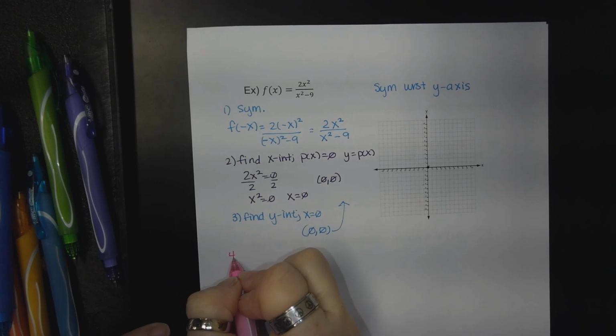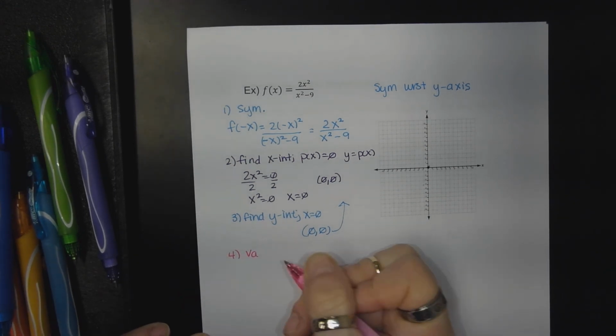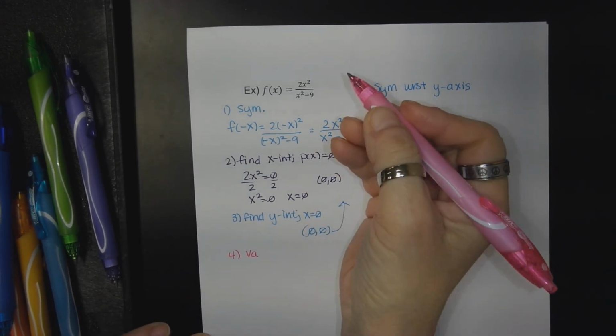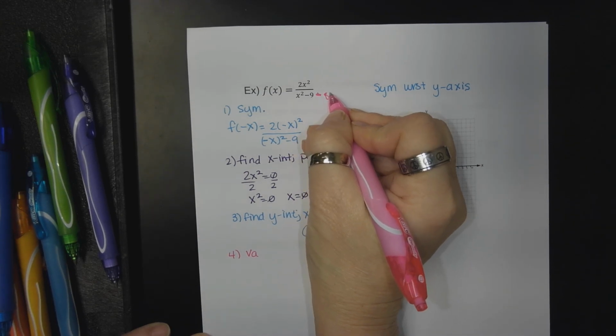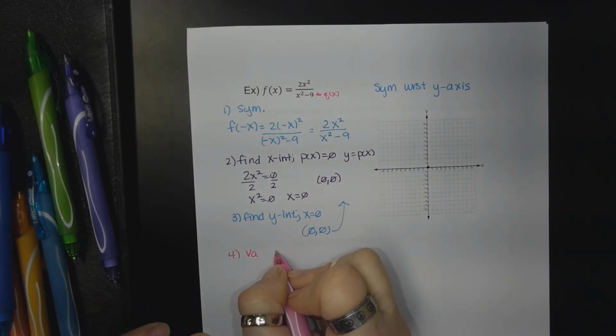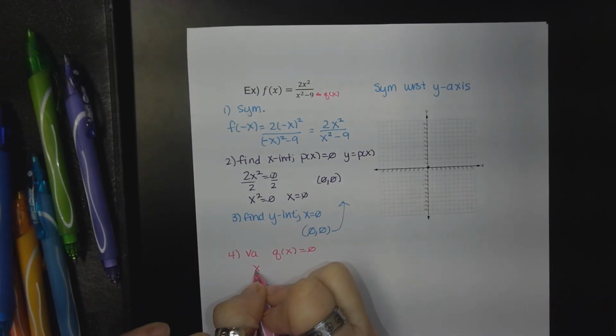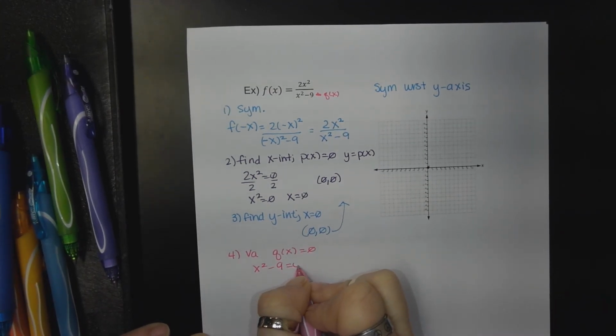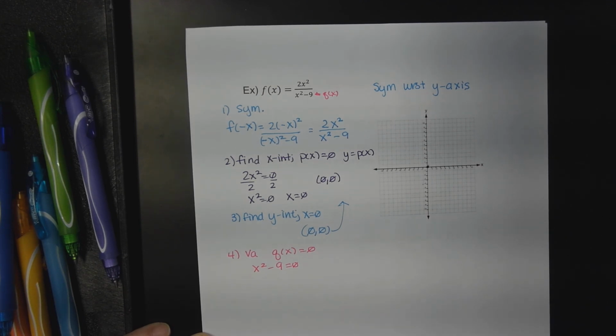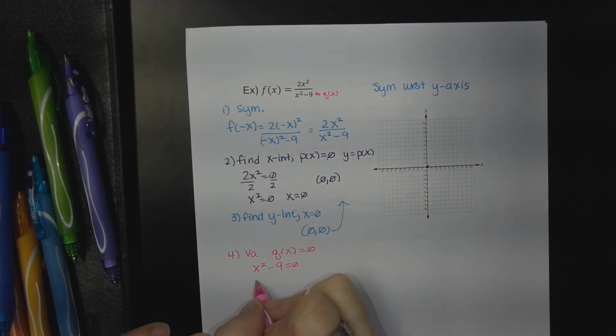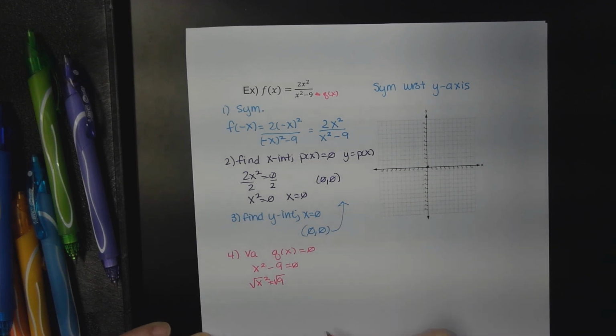Find your VA. So for VA, we take our Q of x. So x squared minus 9 equals 0. Sorry, here goes my voice. So x squared equals 9, square root, don't forget your plus minus.